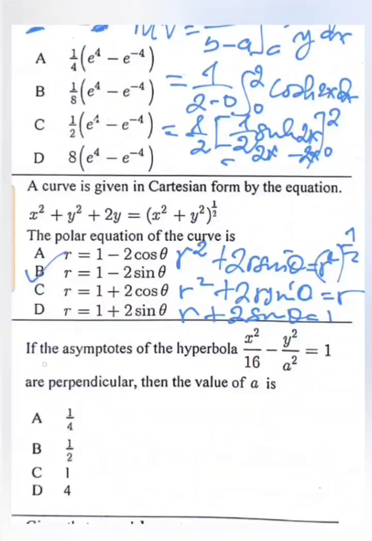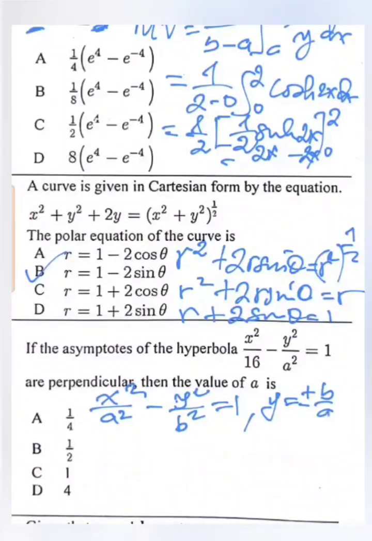In number 25, we have that if the asymptotes of the hyperbola x squared over 16 minus y squared over a squared equals 1 are perpendicular, then the value of a is, and we have these options. In the case of a hyperbola whose center is at the origin and the axis horizontal, we have the standard equation x squared over a squared minus y squared over b squared equals 1, and the equations of the asymptotes are given by y equals plus or minus b over a x.